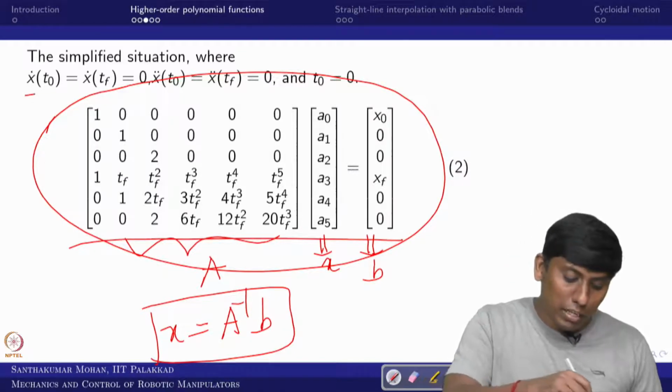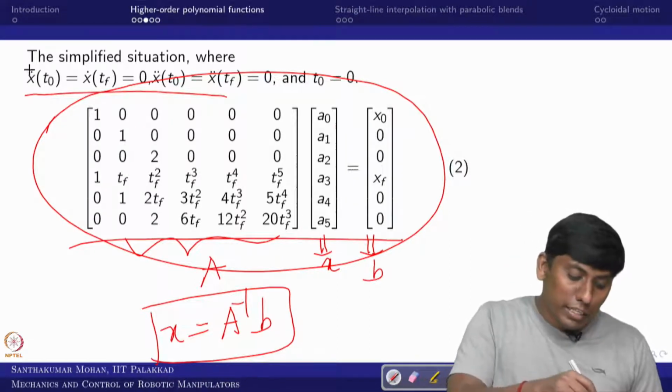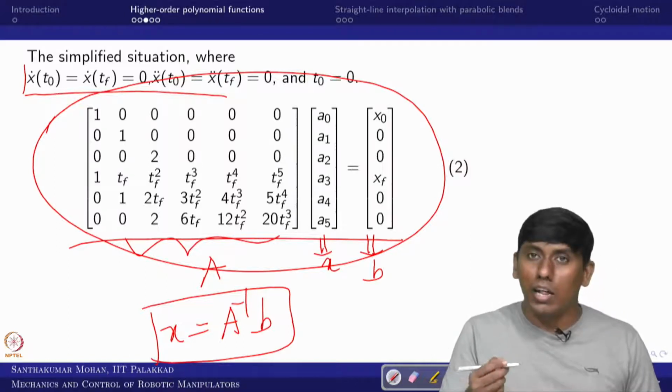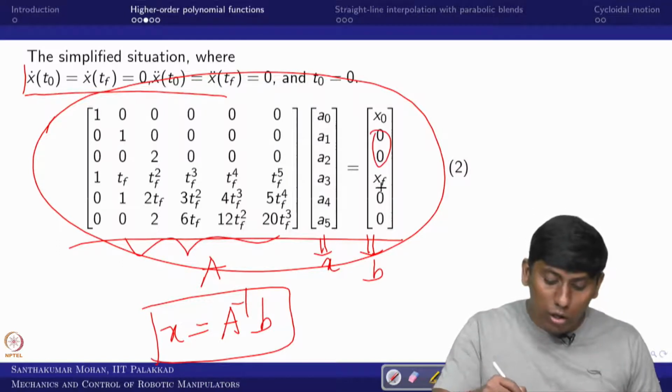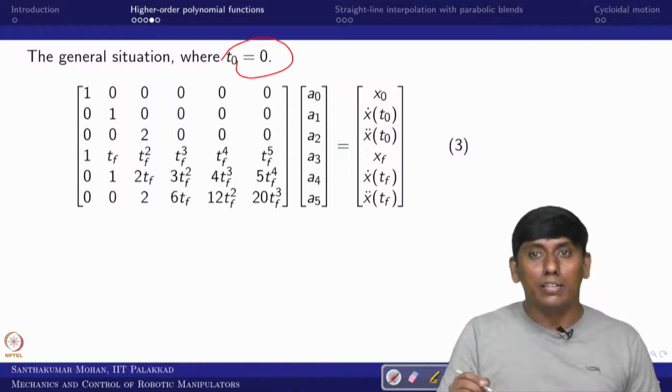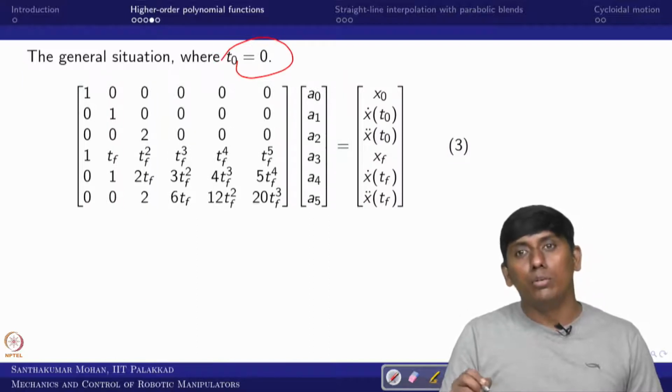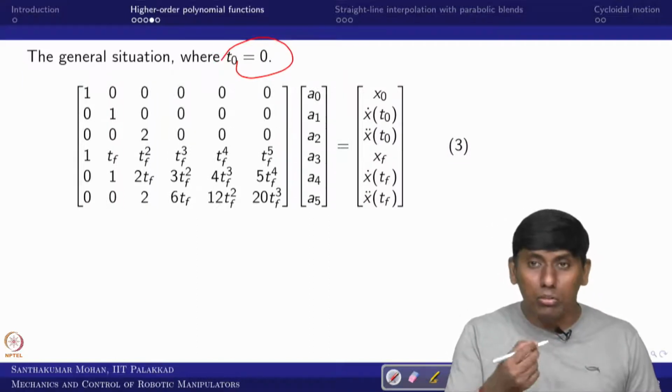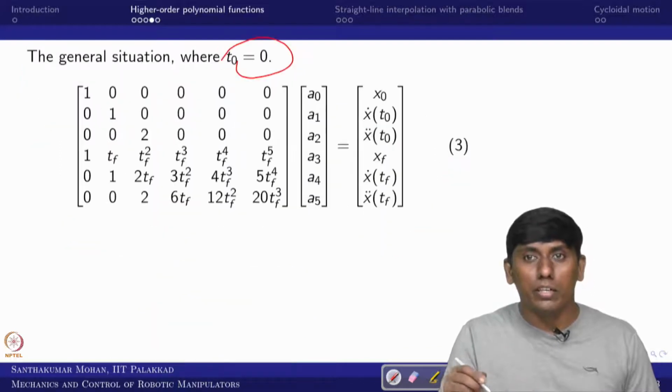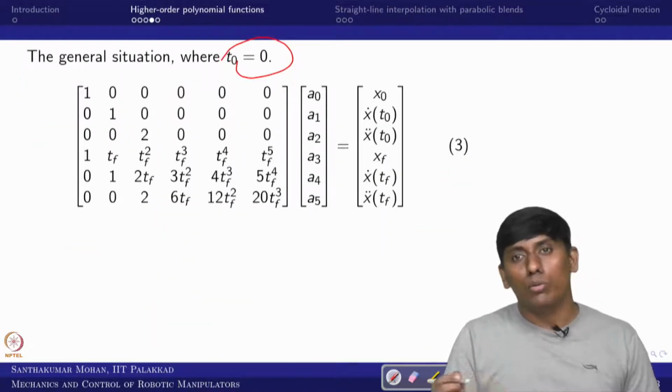Here we have taken the initial velocity, final velocity, initial acceleration and final acceleration all as 0, but this is generalized. Especially when you are using MATLAB, you need not make this kind of simplification. Directly you can write this and solve it.